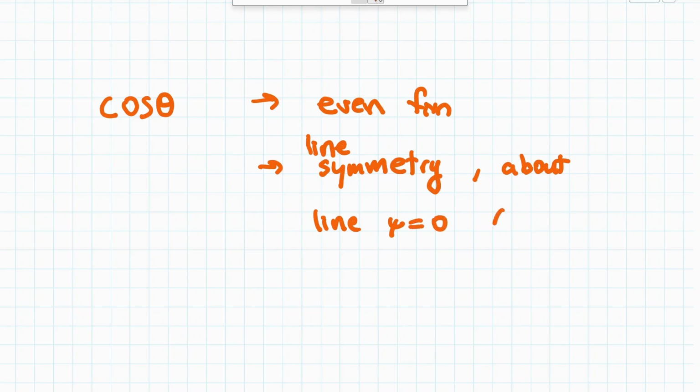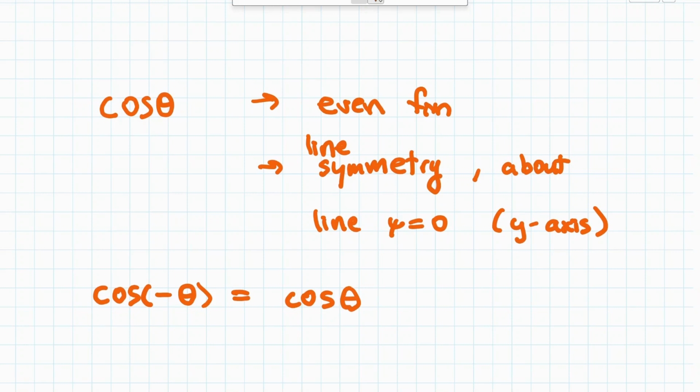So that is the same as the y-axis. So you can reflect it over the y-axis and it will be the same. So what does that mean in terms of an expression? That means that you can take cos of negative theta, and that's the same as cos theta.